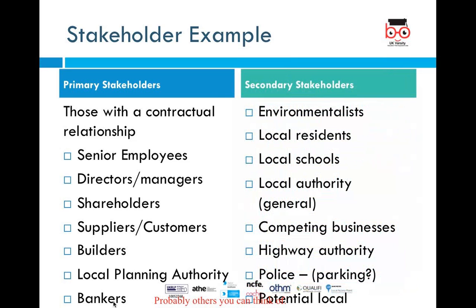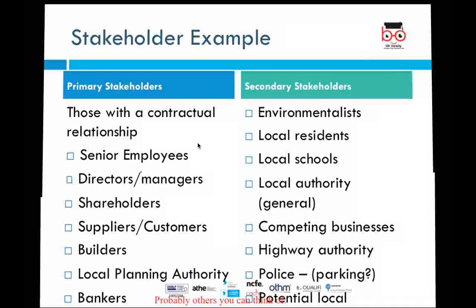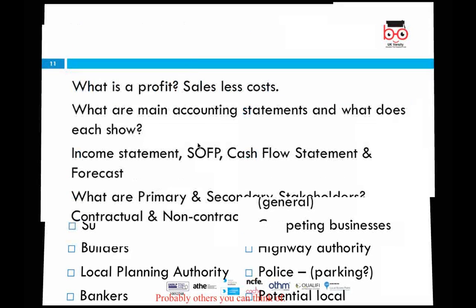The secondary stakeholders are environmentalists, local residents, local schools, local authority, competing businesses, competitors, highway authority, parking companies. So these are the secondary stakeholders, who have an indirect relationship with the business. Primary stakeholders have a direct relationship with the business, but all the stakeholders are relevant to the business, and they need to see what is going on in the business in terms of financial information and accounts.